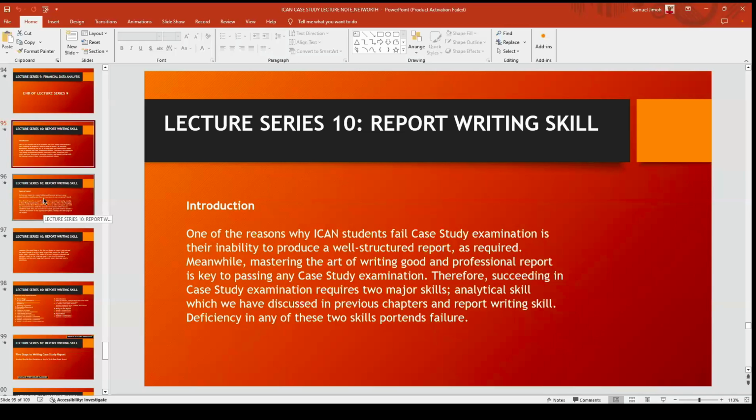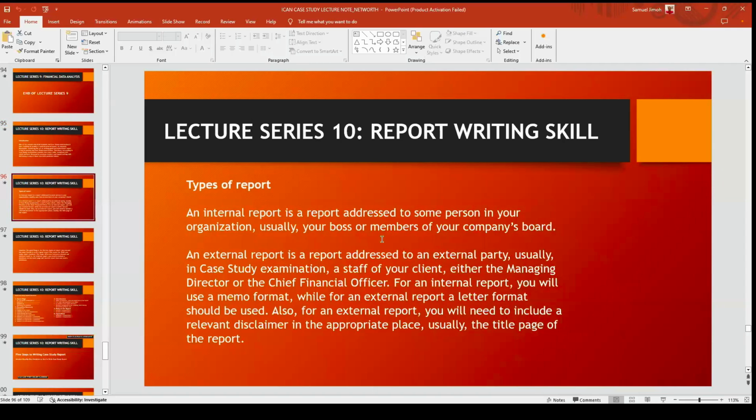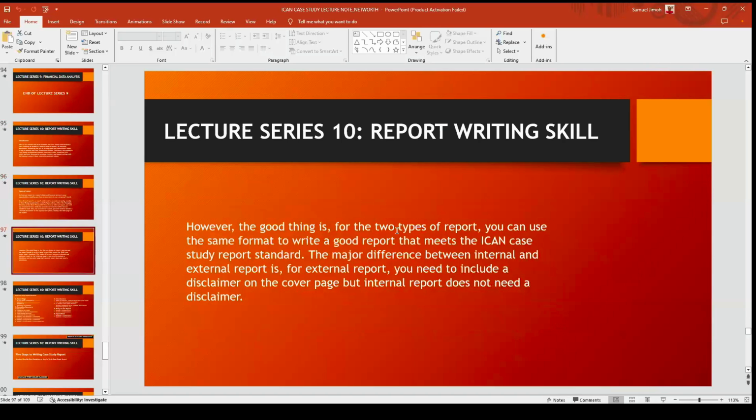One good thing about this technique is the two types of reports are the same, and the only difference is the disclaimer that you put on the external report, which is 1 mark.